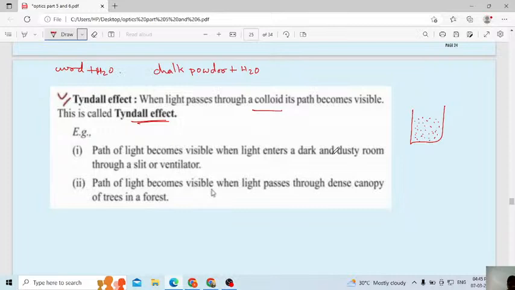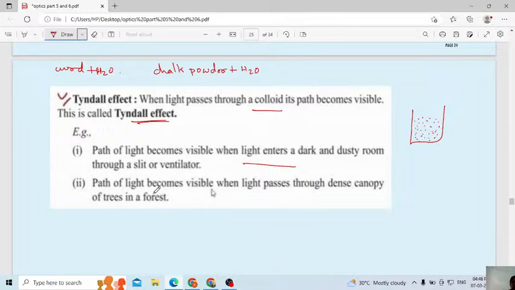In the morning, if your home door is exactly facing the sunrise, when you open it a little, even a small space, or through a window gap, you will observe the light entering a dark dusty room through a slit, and you can see the path of rays neatly.